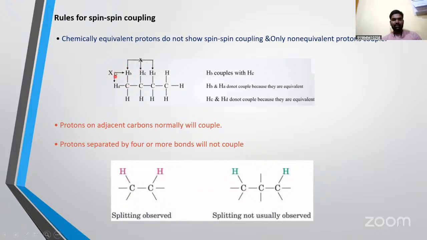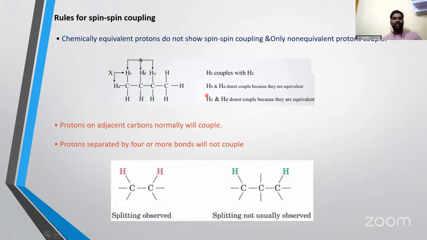So chemically equivalent protons do not couple, and only non-equivalent protons will couple here. Hb is non-equivalent to Hc, sorry, not Ha. That's why these are coupling. Hc and Hd do not couple because they are equivalent.